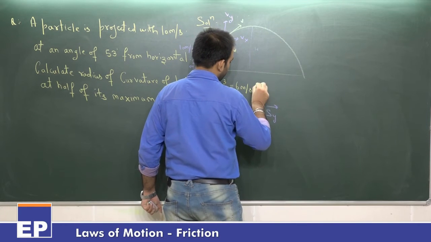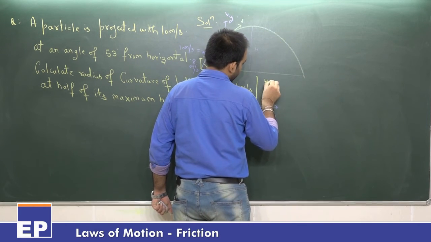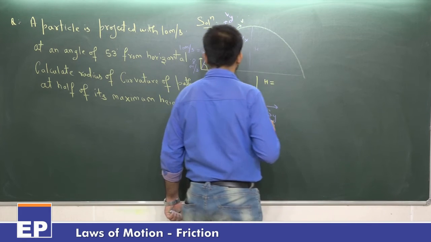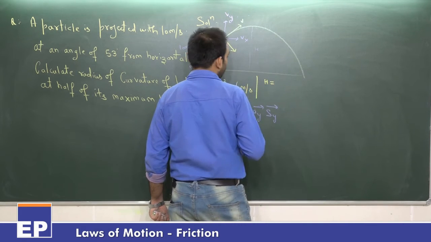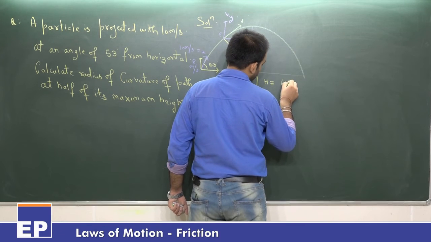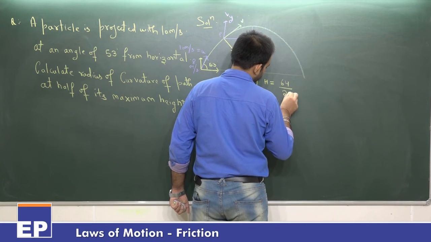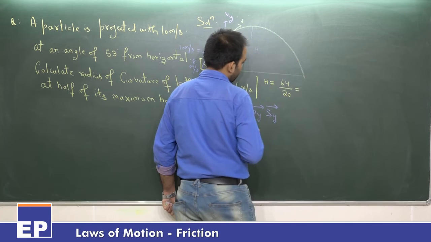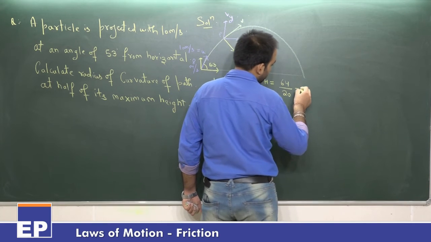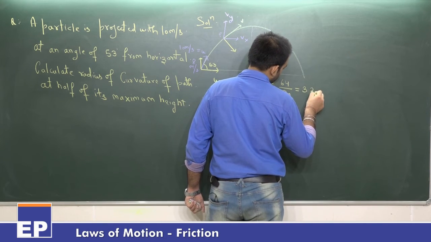What is H? H is u square sin square theta by 2g, that is Uy square by 2g. Uy square is 64, by 2g is 20. Maximum height will come out to be 3.2.